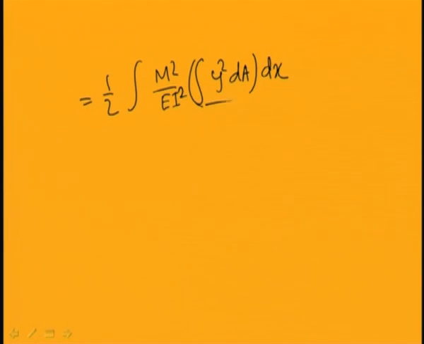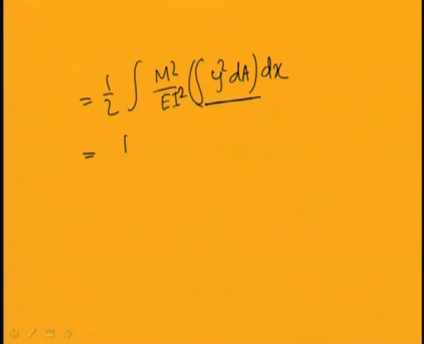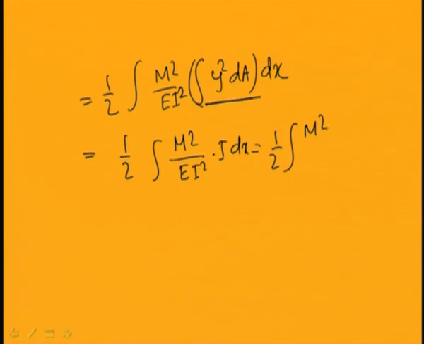This integral of y square dA is nothing but the moment of inertia of that section. So, I can write this equal to M square by E I square into I dx, or this is equal to half M square by E I dx.